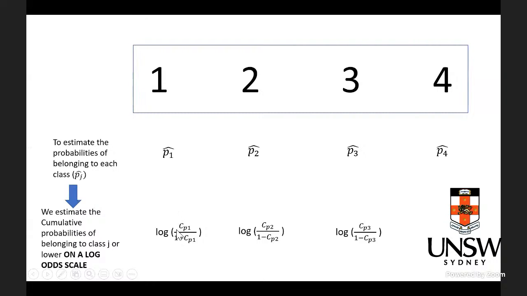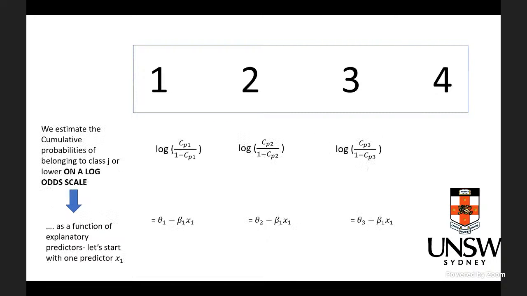So I'm taking the log odds of each of my cumulative probabilities, and that's the quantity I'm going to work with ultimately to get back to the original probabilities, P1, P2, P3, and P4. Any questions?